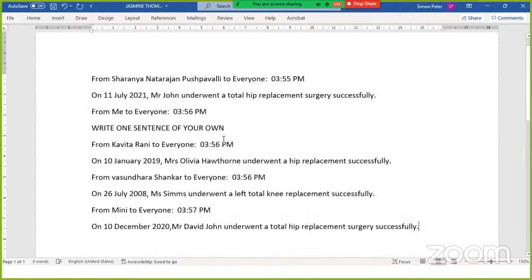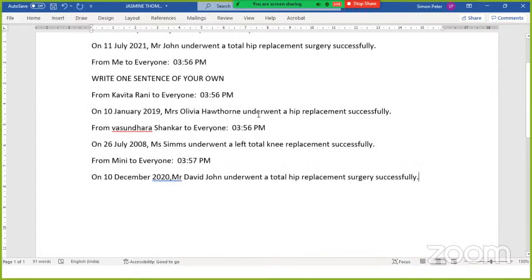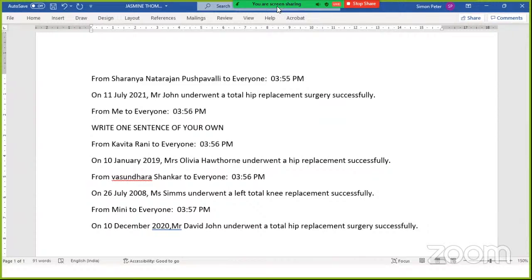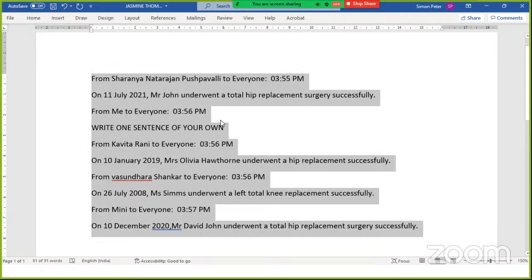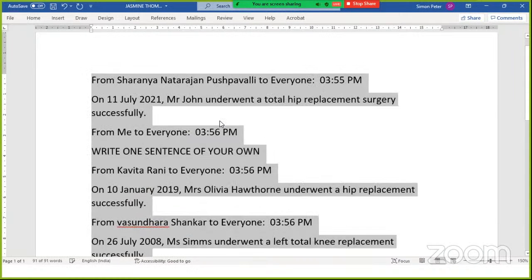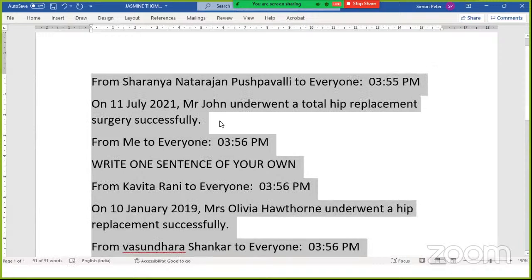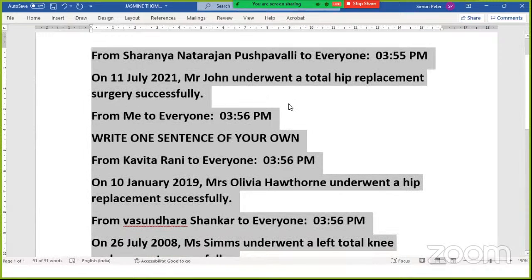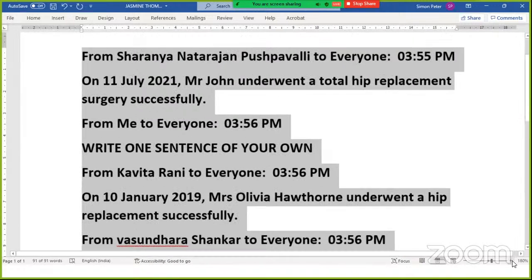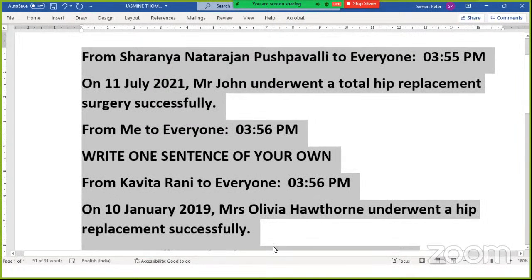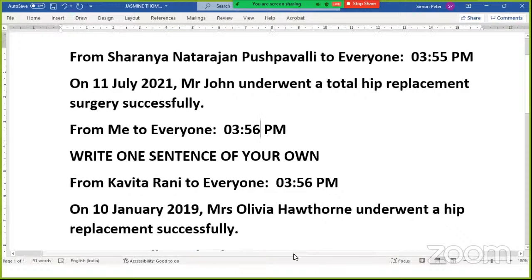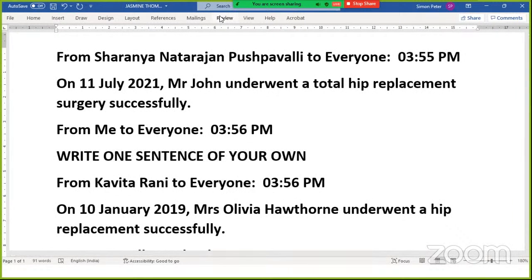So here are the sentences that you have written. Is it clear for you? Yes, sir. Now I am going to correct these sentences.